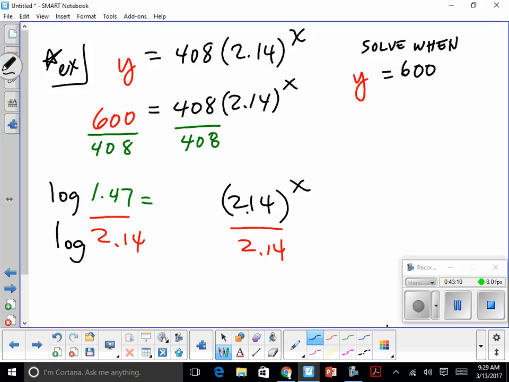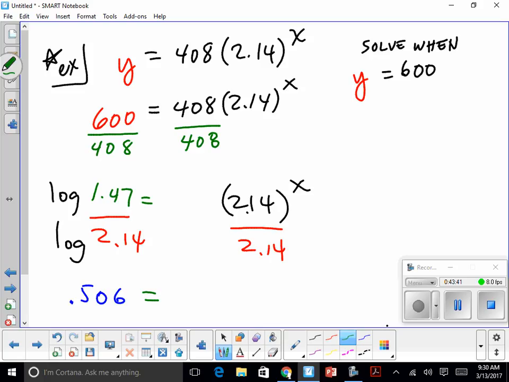Calculator, what's log 1.47 divided by log 214? 0.506. Here's so you at least have an idea of what this answer means.